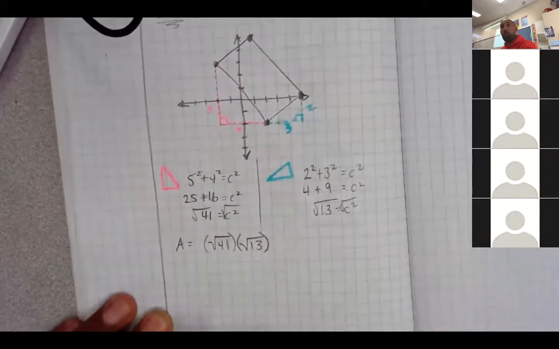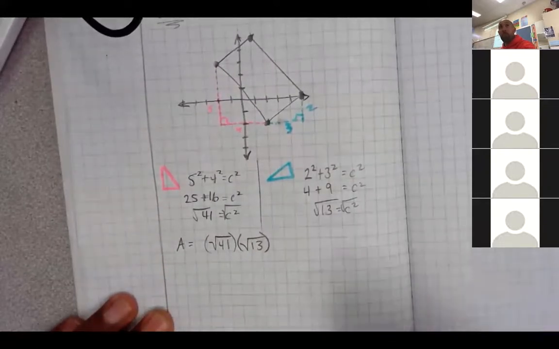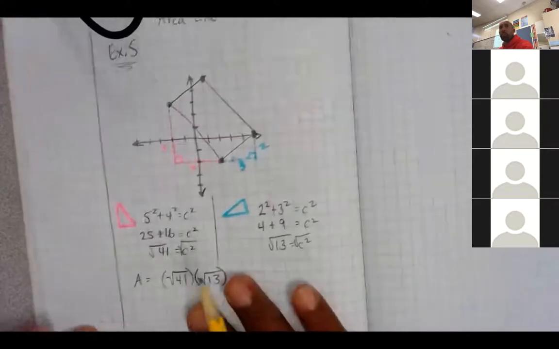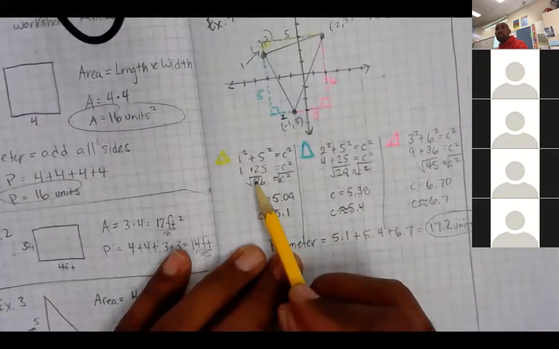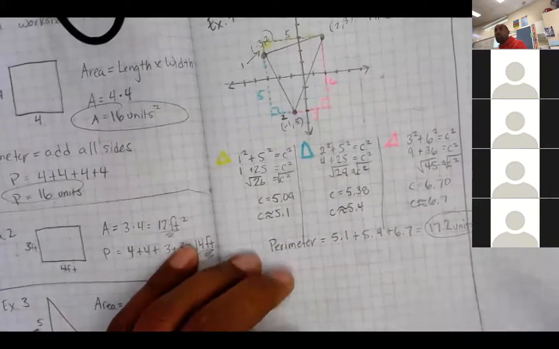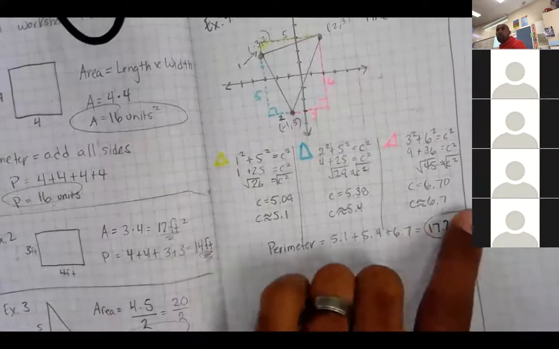That way I don't have to round a bunch of times. I can round at the end. A lot of times when you're working through problems like this, you want to save your rounding to the end if you can. So even when I did perimeter over here, what I could do is just add square root of 26 plus the square root of 29 plus the square root of 45, and then round at the end instead of rounding 3 times.